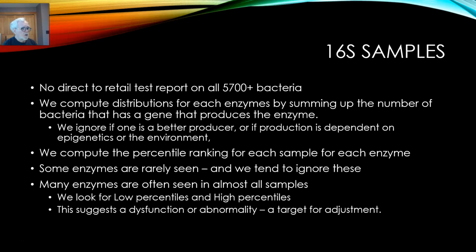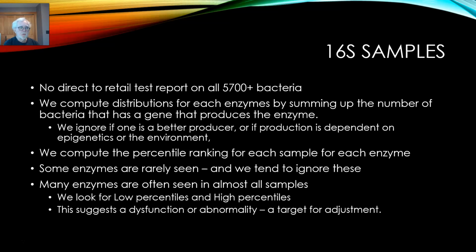Many enzymes are seen almost in every single sample, and for those we look for two types. We're looking for a low percentile and a high percentile. Arbitrarily, we look for high being 97th percentile and above, and low we look at 3rd percentile and below. Those need to be adjusted. But when you are dealing with 1,600 different enzymes, there's a good chance you could have highs and lows by pure randomness.